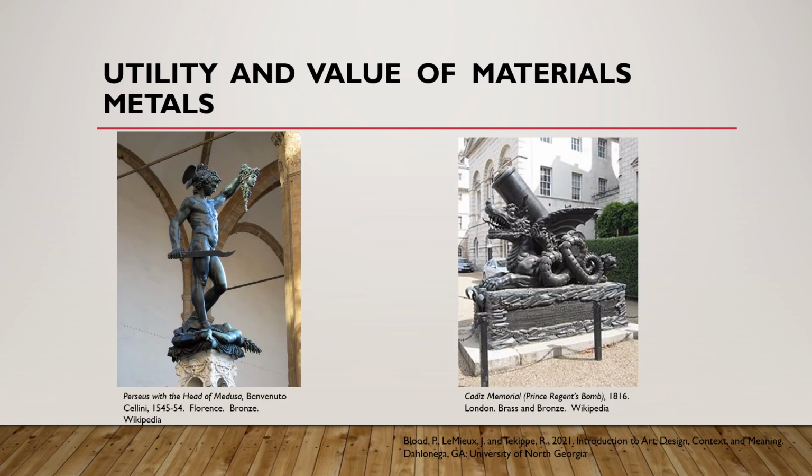We already talked in a former chapter about the lost wax casting process, which was a process that was primarily done with metals. So on the left-hand side, you see a bronze statue of Perseus with the head of Medusa. Now, because these materials had copper in them, copper does age to that green kind of patina.